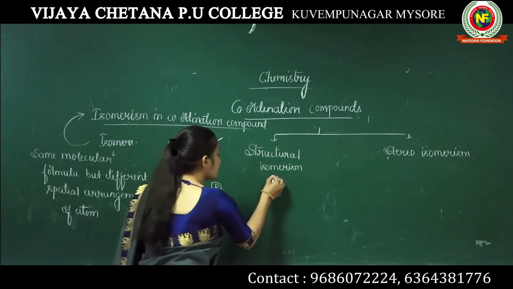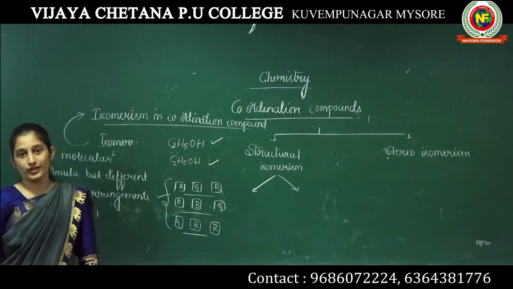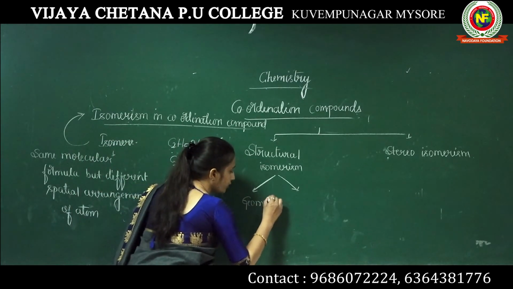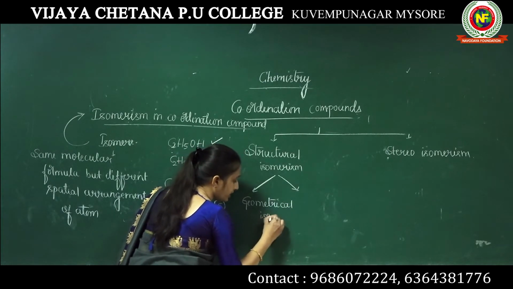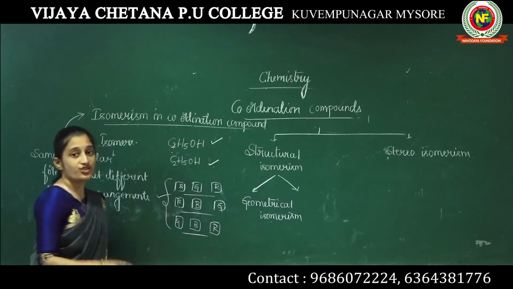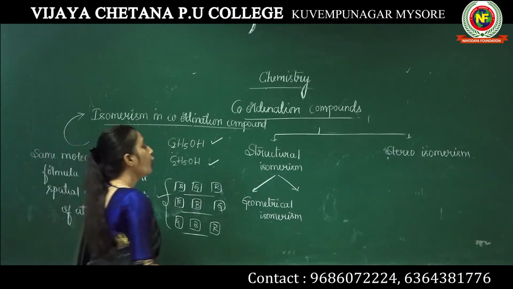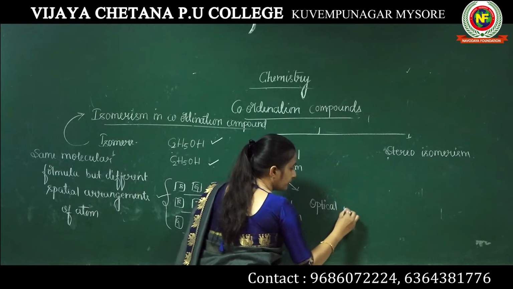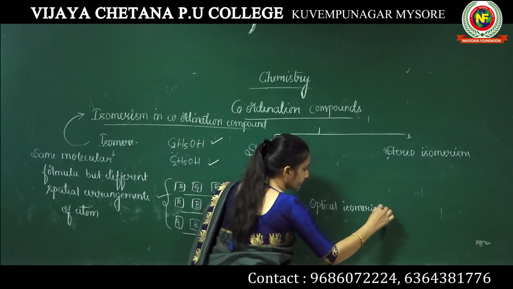Especially in coordination compounds, two types of isomerism are possible. First structural isomerism, and second stereoisomerism. In stereoisomerism, two types we are going to observe: first geometrical isomerism and second optical isomerism. Very simple.